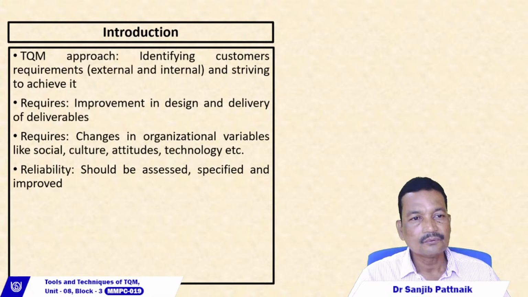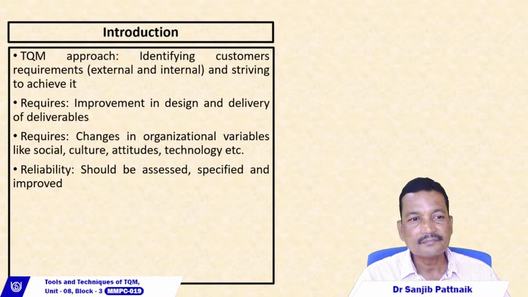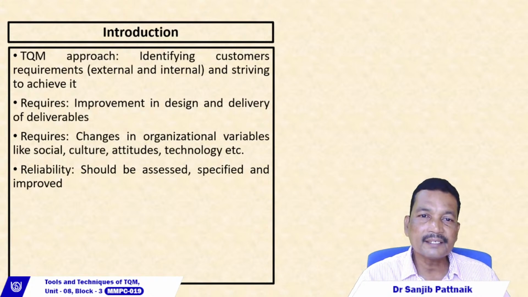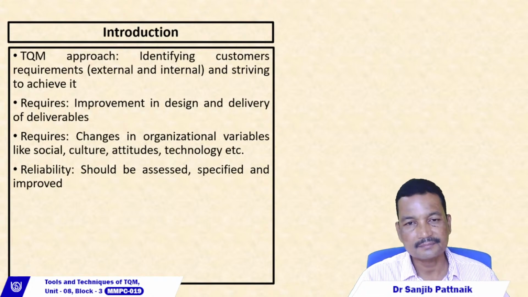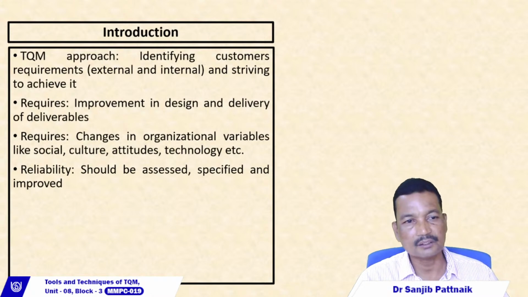Now, what does total quality management require? Now we say the basic requirement is improvement in design and delivery of deliverables. Now, let us look at this particular sentence from backwards. Delivery of deliverables.